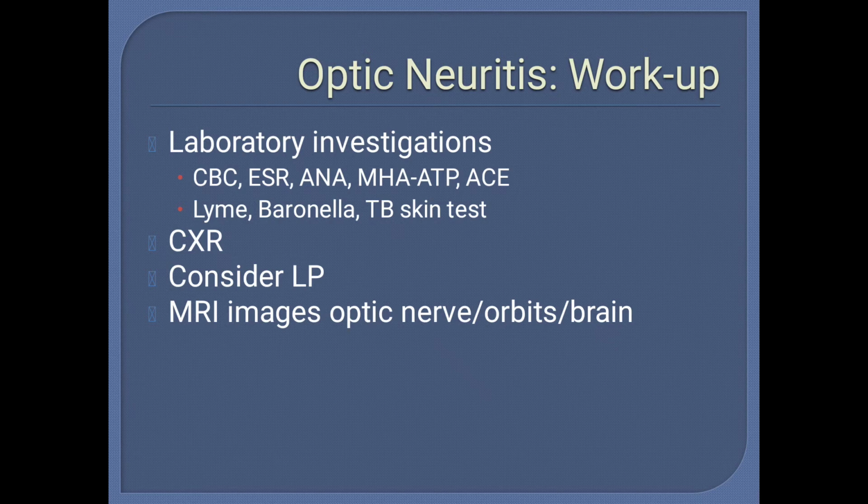And the most important thing that we should do whenever you are suspecting optic neuritis, if the patient's visual acuity is not very low, is automated perimetry. Automated perimetry will tell us about the presence of any visual field defects or abnormalities. And MRI, because MRI will show us whether there is any abnormality in the brain, orbits or optic nerve.